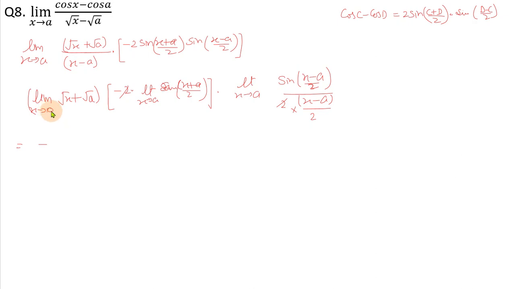As x approaches a, root a plus root a, this is 2 into square root of a, and this term becomes, as x approaches a, x plus a, 2a by 2, that is sin a, and this term is equal to 1 using the formula of sin x upon x as x approaches 0, this is 1. So our final answer is minus 2 square root of a into sin a.